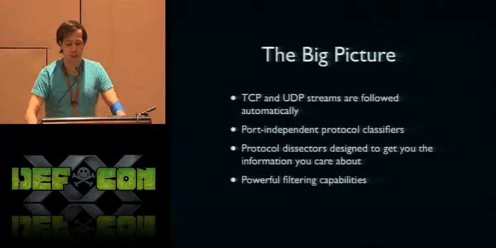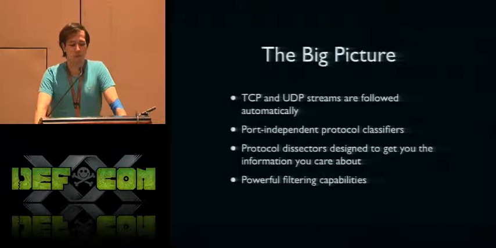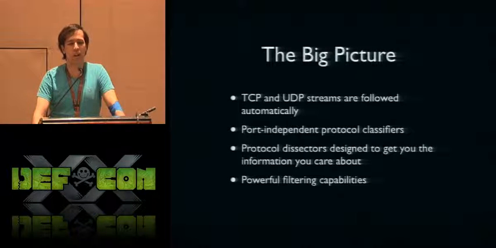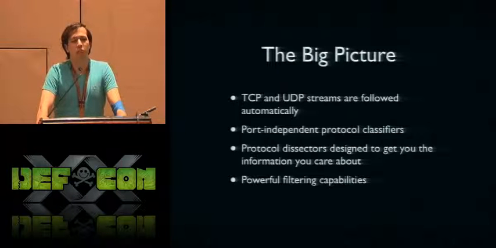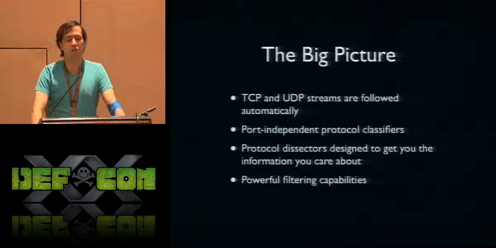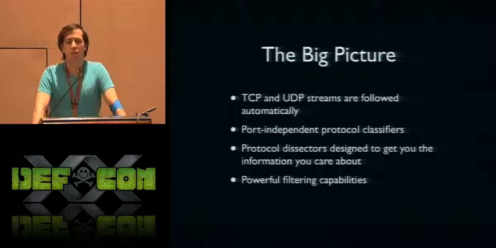And probably one of the most important parts is powerful abilities to filter traffic. So we don't want to be looking through every little stream trying to find the one that matches us. We want to be able to filter by the protocol that you're running on.